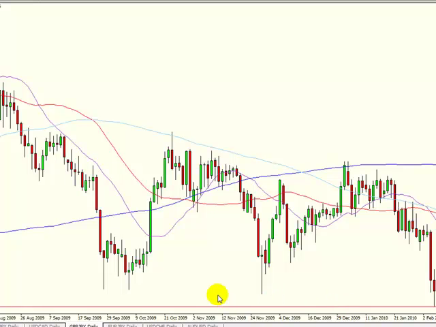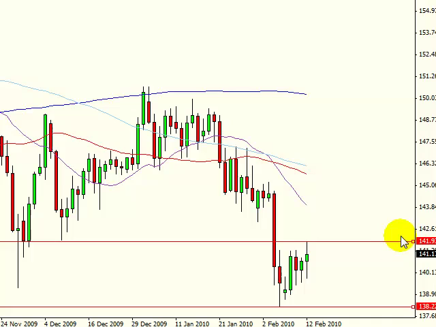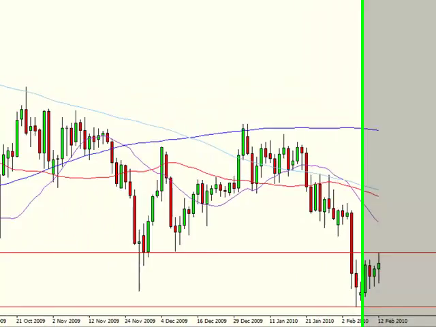It previously dropped through a very strong support level at 140. So we're currently in a tight range, and it's between 142 and 138. So I would watch for the pair to break out of this range to be a confirmation of the direction it is going. In the meantime, you can range trade in between this range while it's consolidating.